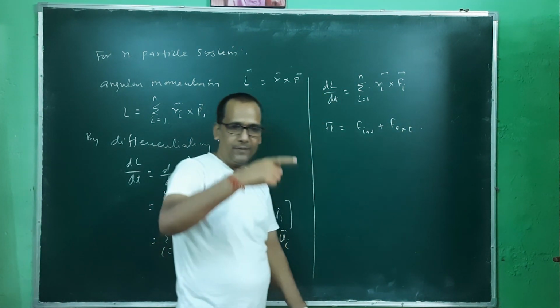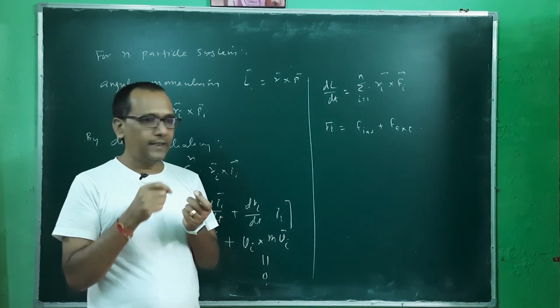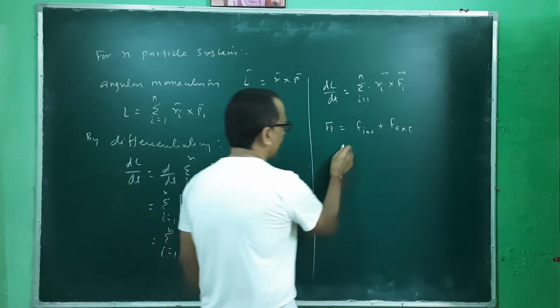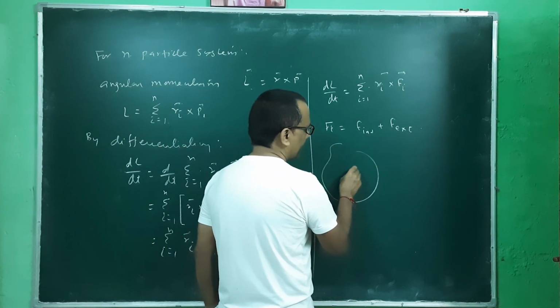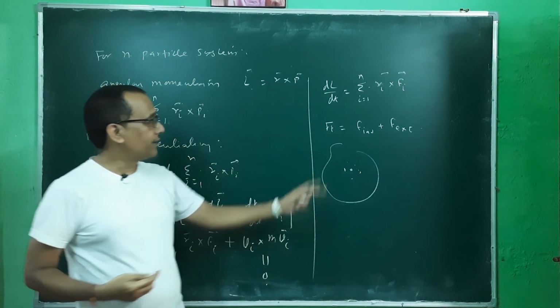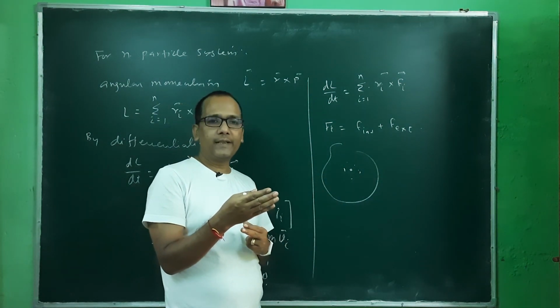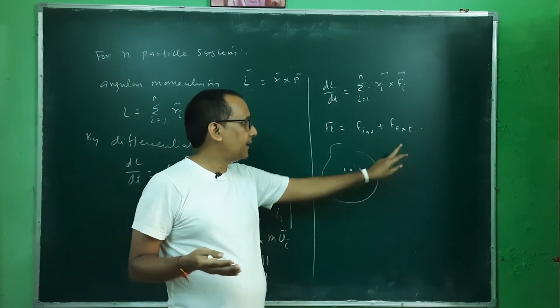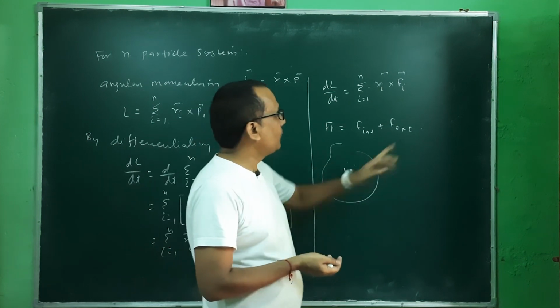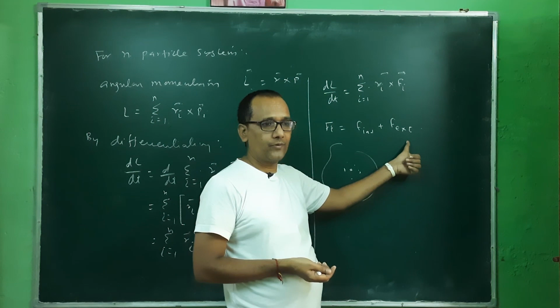F internal means the in-between terms, that is, the internal force applied by the neighboring particles. If this is a particle and this is the center particle, the neighboring particles are applying force. So that is the internal force, and the external force is what we apply to rotate or translate the body. So this total force F_i is the sum of internal force and external force.